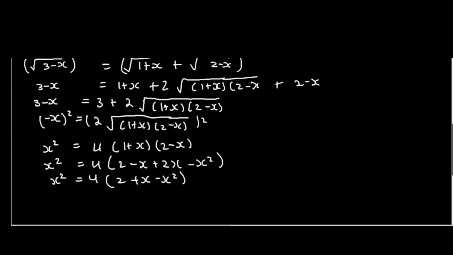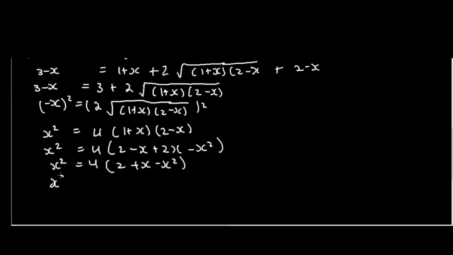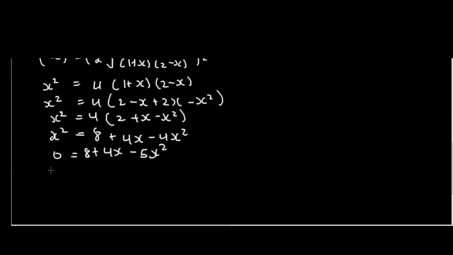Let's simplify this further. So we shall get x squared being equal to 8 plus 4x minus 4x squared. We can rearrange it so that this x squared crosses the equal sign. We shall have 0 equal to 8 plus 4x minus 5x squared. So this is the same as 5x squared minus 4x minus 8 equal to 0.